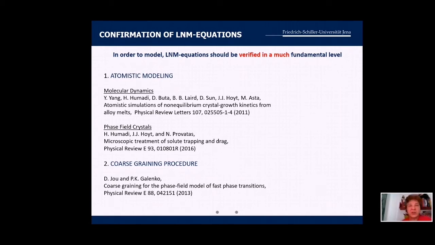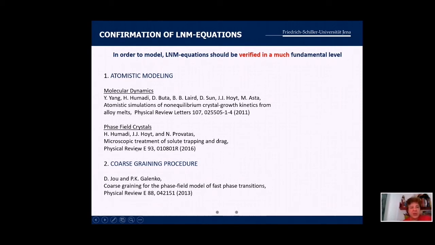So I would say that the hyperbolic type of equations, which we considered half an hour before, were confirmed in molecular dynamics simulation for the fast propagating fronts and from the phase field crystals as well, from the discrete and continuous modeling results.